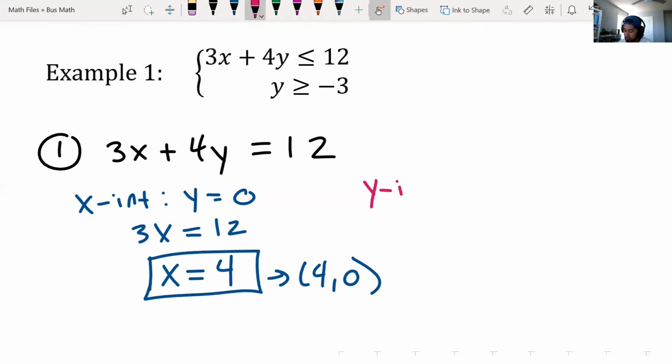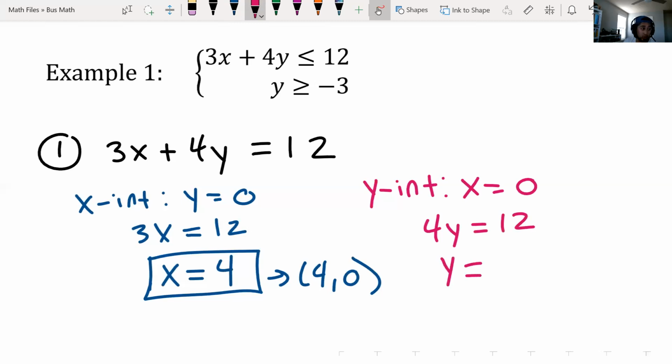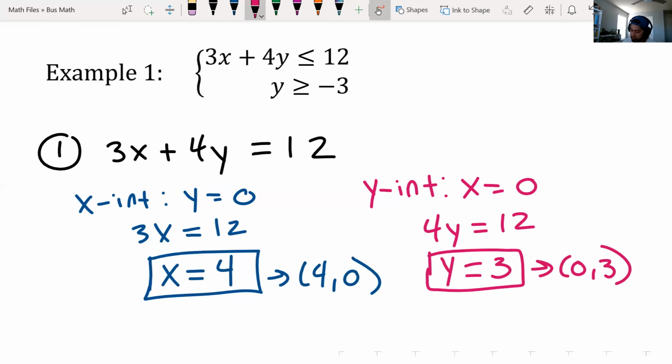And then for the y-intercept, we let x equal 0, and we'll get 4y equal to 12, and y is going to equal 3. We get (0, 3). Okay, that one's done there.